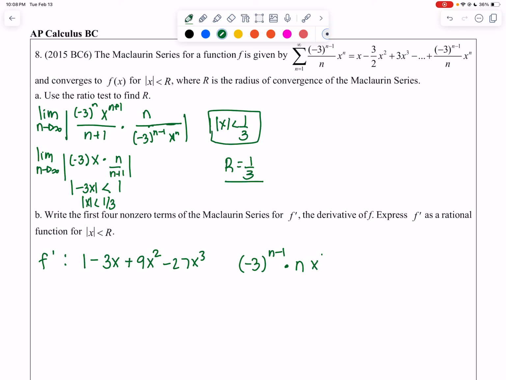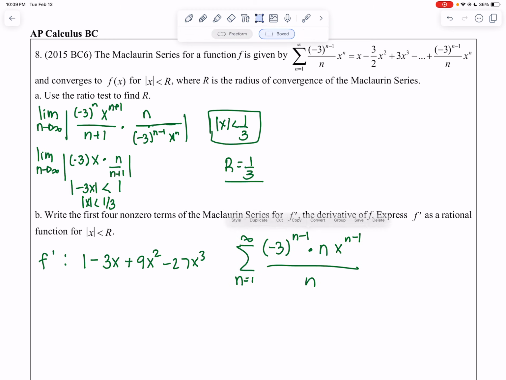So n minus 1, n. And the n's will cancel out. So then I have this lovely thing right here. That is my derivative.